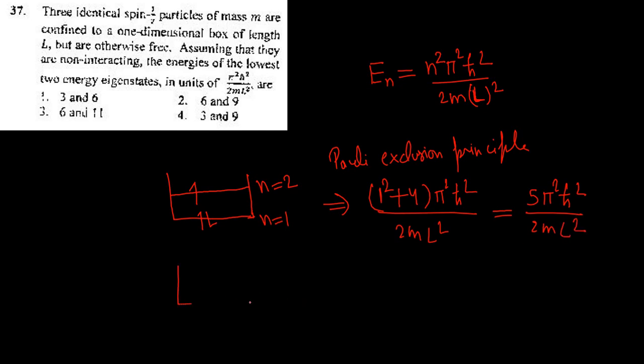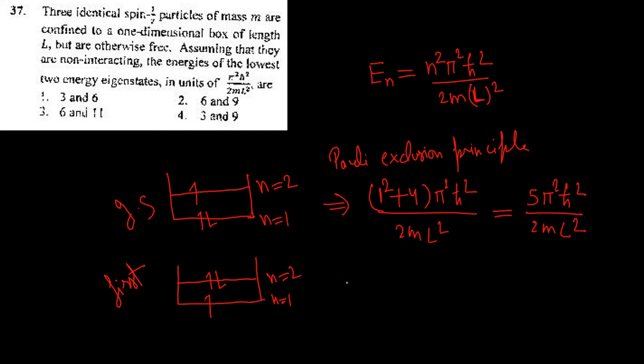Similarly, you have to find out these 2 lowest energy states. So next, this is the ground state, and now the first excited state. For the first excited state, one of the particles will move towards the higher state. This is n is equal to 1, and this is n is equal to 2.